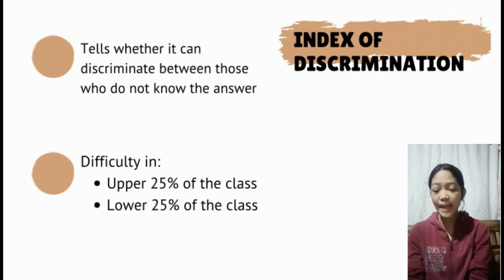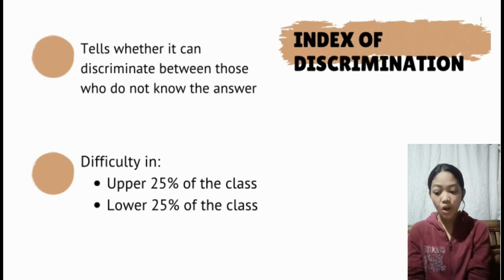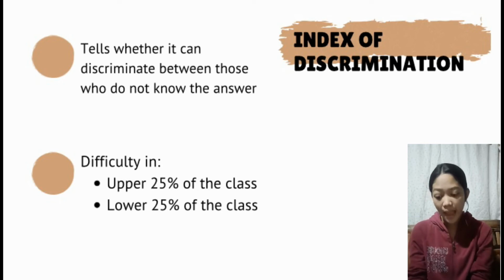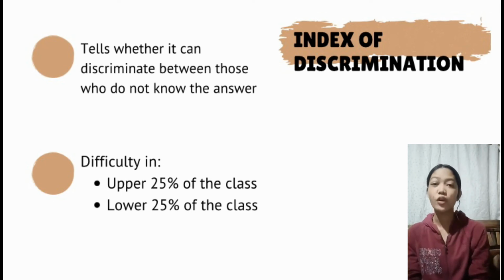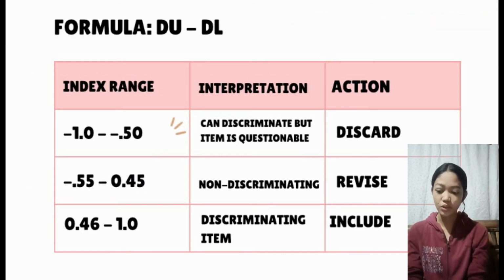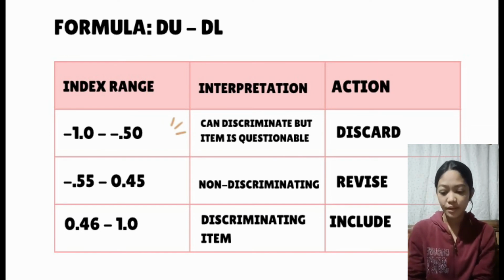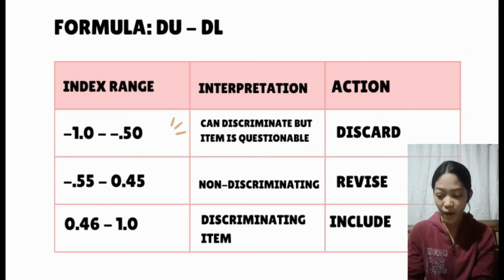So, for an item that is highly discriminating, in general, the examinees who responded to the item correctly also did well on the test, while in general, the examinees who responded to the item incorrectly also tended to do poorly on the overall test. So, the possible range of the index of discrimination is -1 to +1.